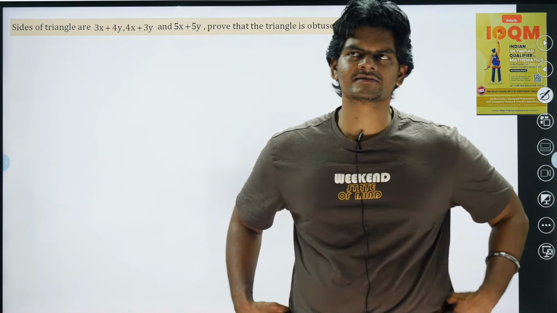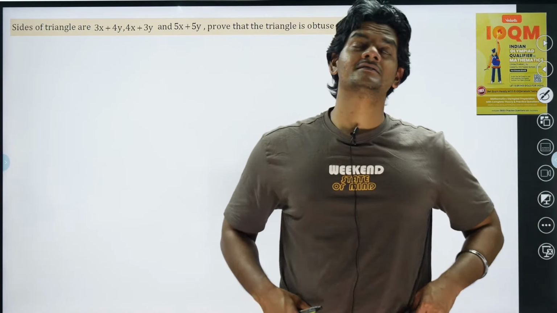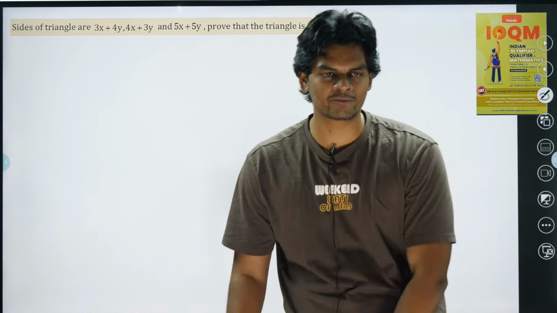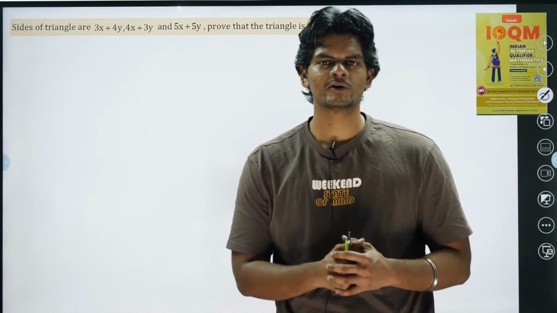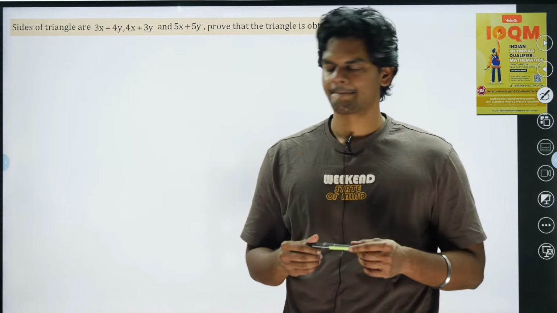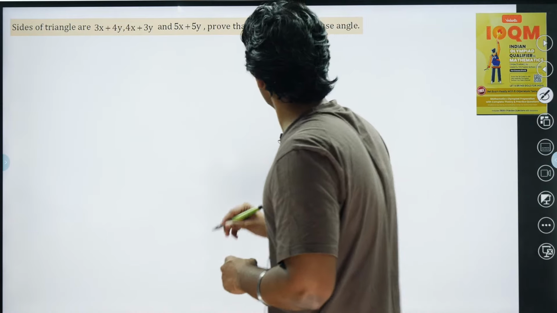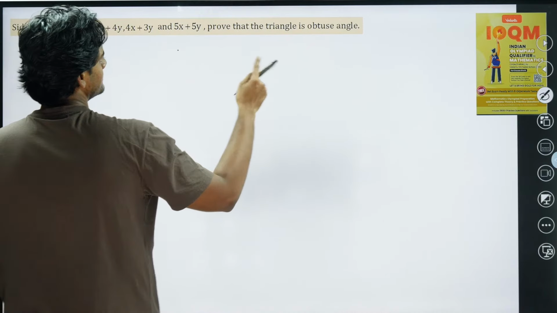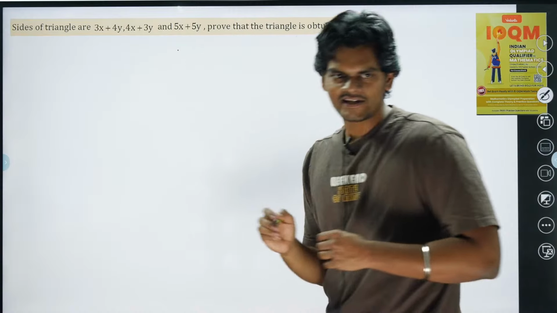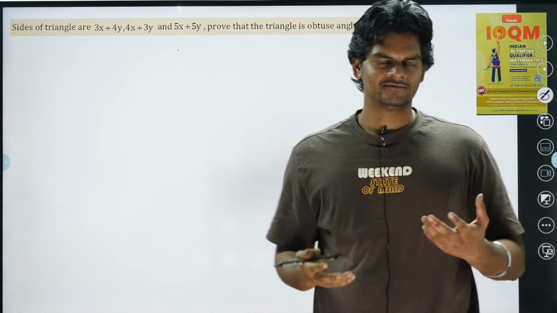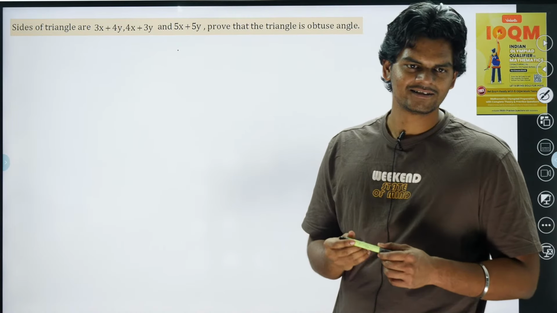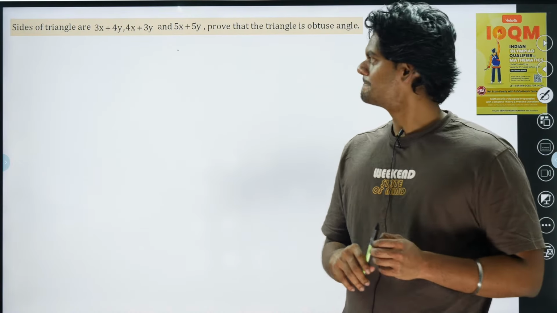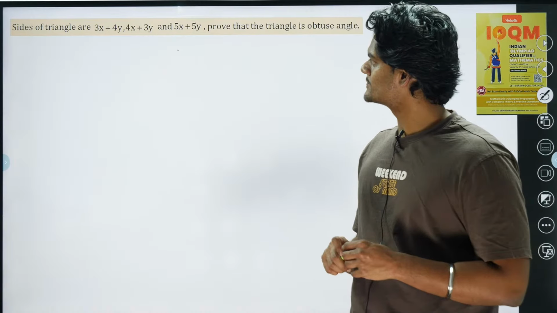Does sine rule behave differently for an obtuse angle, or does cos rule behave differently for an obtuse angle? Can you say anything about that? What is cos of an obtuse angle?